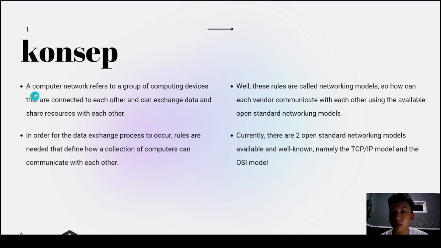In this concept, a computer network refers to a group of computing devices that are connected to each other and can exchange data and share resources with each other. In order for the data exchange process to occur, rules are needed that define how a collection of computers can communicate with each other.